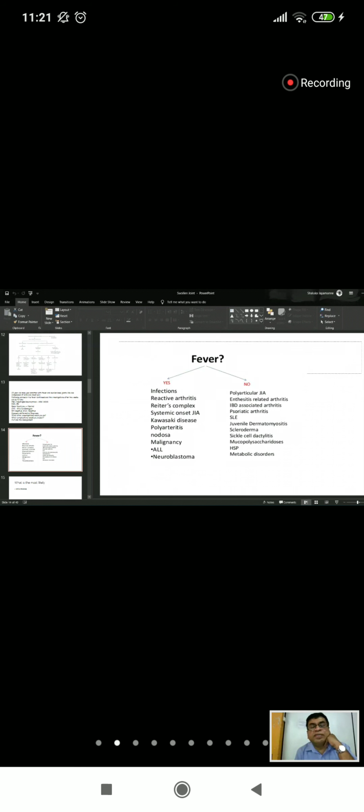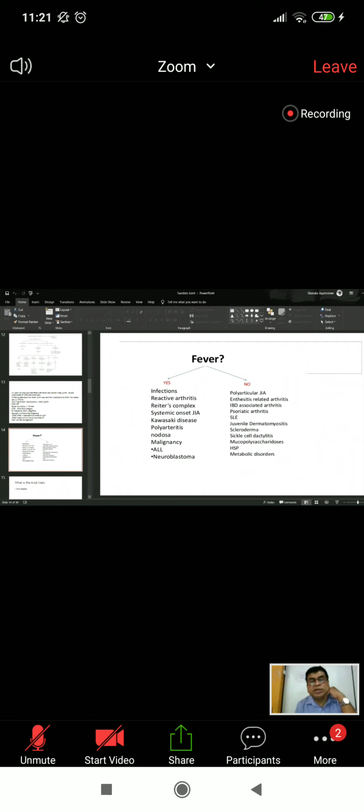So, if there is fever with arthritis, you will consider infections, reactive arthritis, Reiter's syndrome, systemic onset juvenile chronic arthritis, Kawasaki disease, polyarteritis nodosa, malignancy, ALL, and neuroblastoma. The latter causes are not so important.